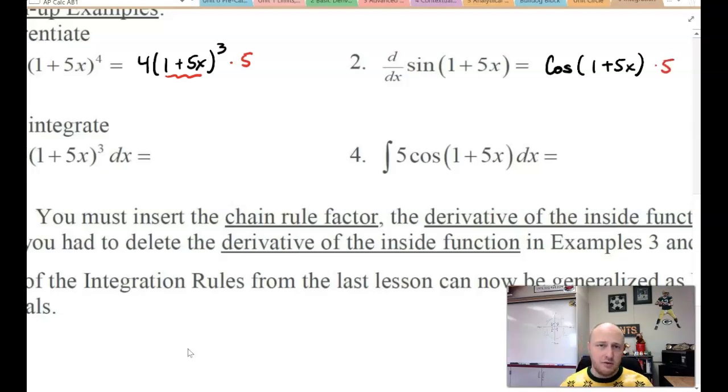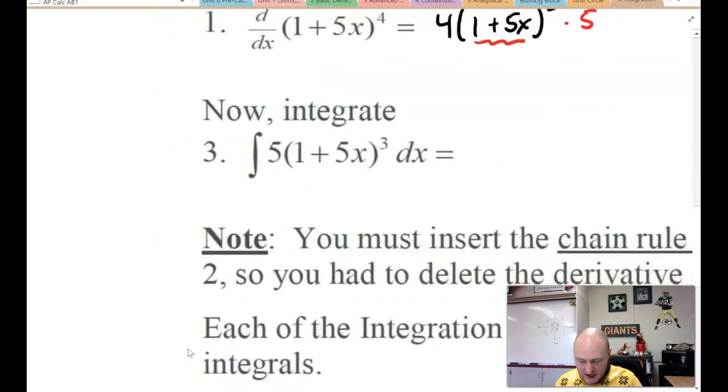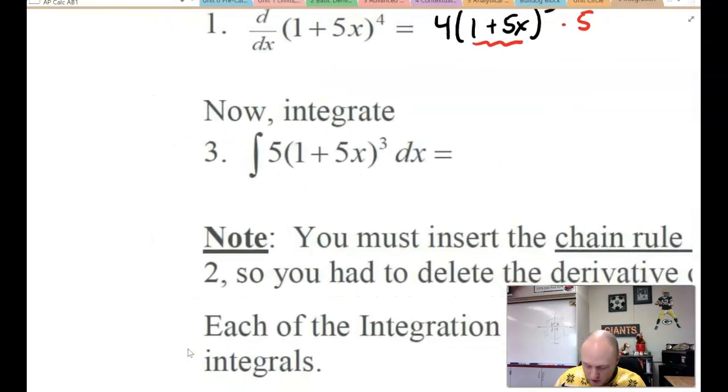Well, we're talking about integration. Integration is the opposite or the inverse of differentiation. So if I wanted to integrate a function that has one function inside of another, so now I have (1 + 5x)^3, if I'm going to undo differentiation, I have to account for that hook-on factor.